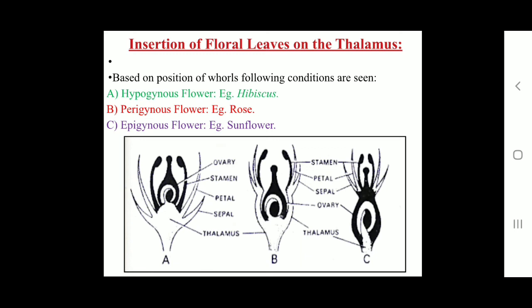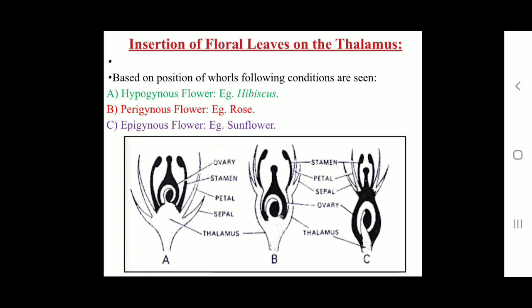So first we see hypogynous flower. In some flowers, the thalamus is swollen, conical, elongated, convex or concave. Normally in these flowers, ovary is placed on the top of the thalamus and the calyx, corolla and androecium are inserted below the gynoecium.